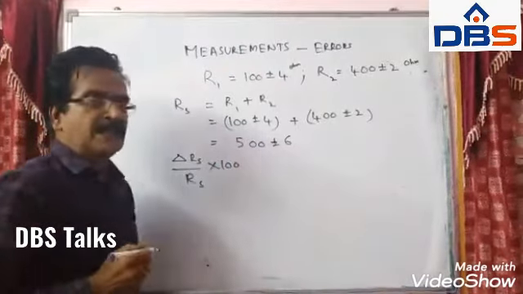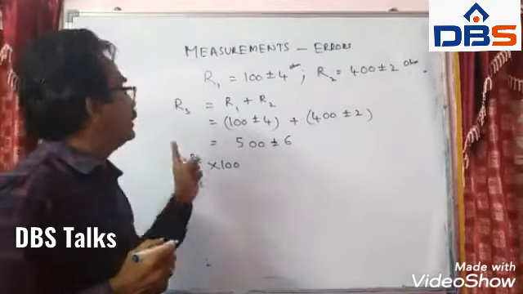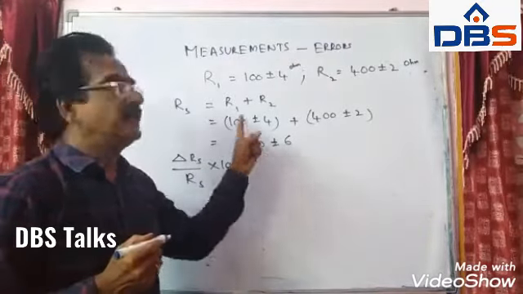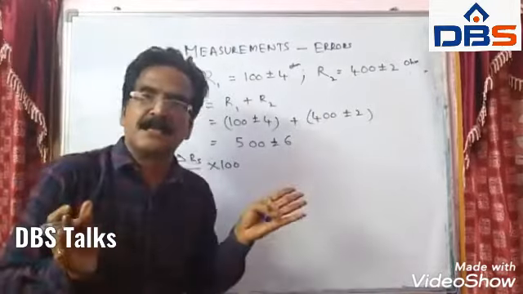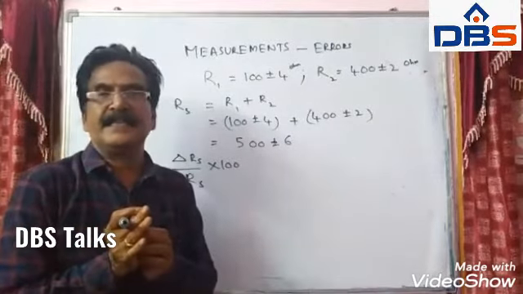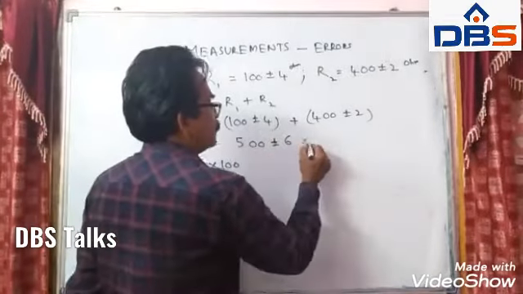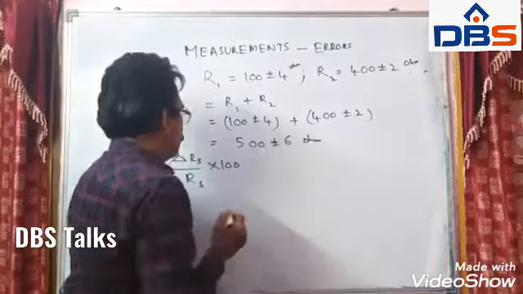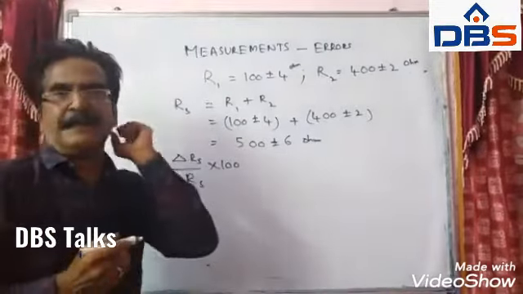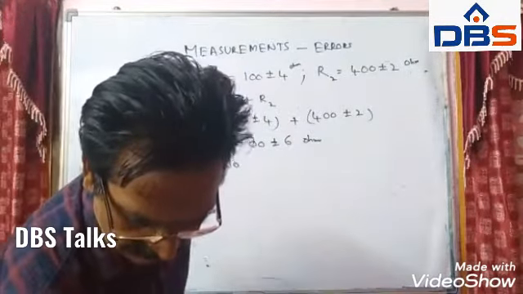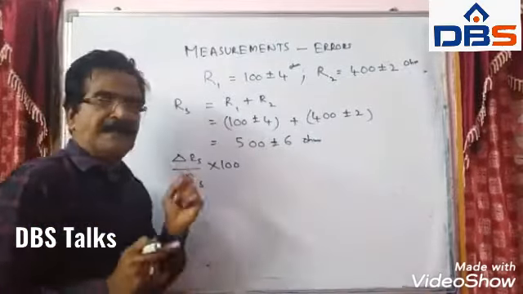When these two resistors are connected in series, we get 500 plus or minus 6 ohms. What is the question asked? What is the percent error?